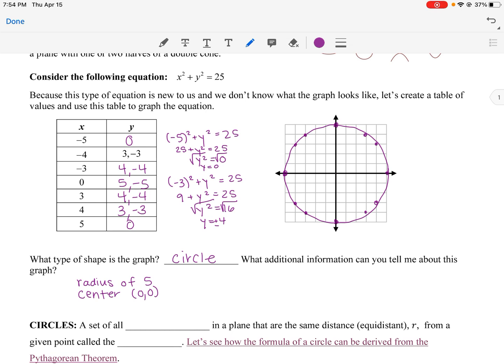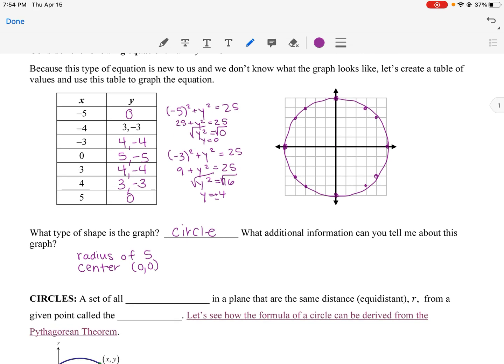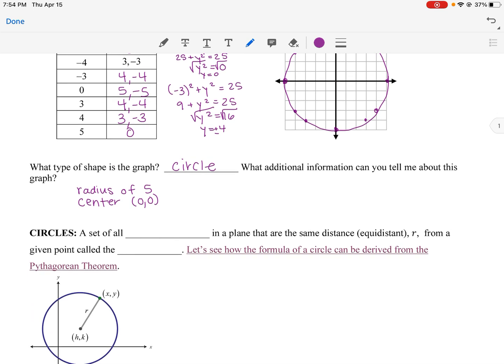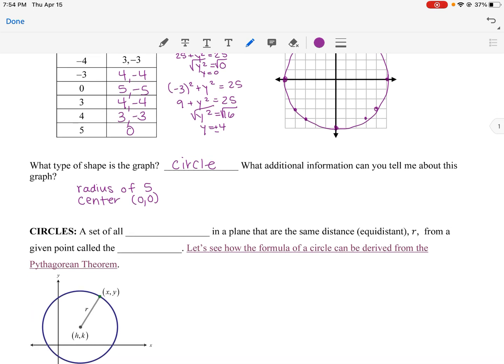You could tell me about the area as well. But these are some key things. So, the definition of a circle is the set of all points in a plane that are the same distance, or equidistant, r from a given point called the center.